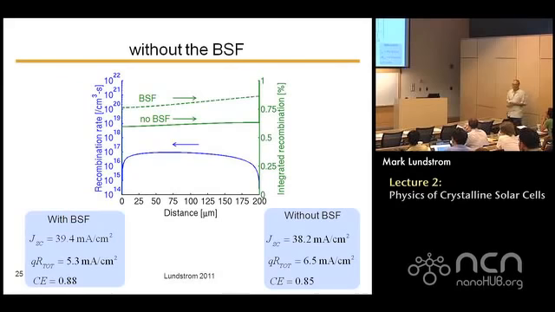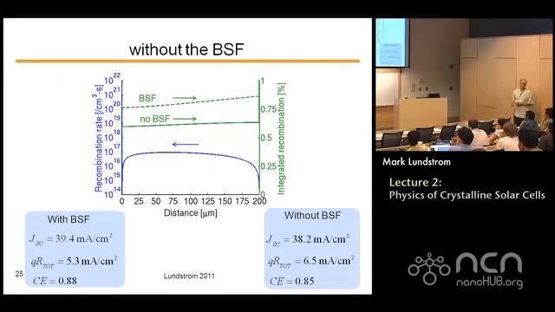That's all of the recombination that occurred in the device. It looks like about 15% of the total recombination is occurring at the back contact when I had that back surface field there. And under those conditions, I had a total recombination of, if I multiply it by Q, which corresponds to 5.3 milliamps per square centimeter.